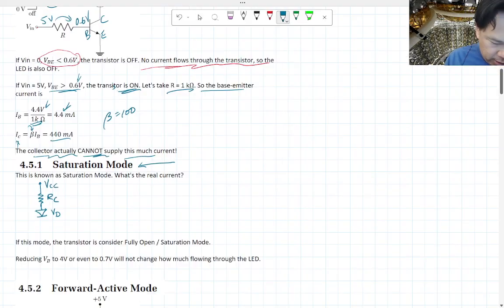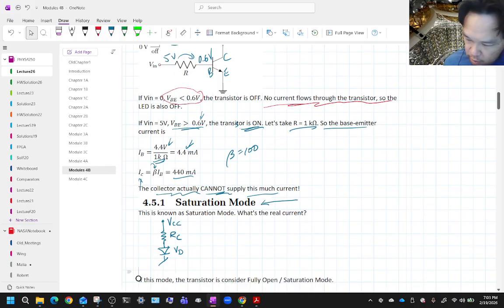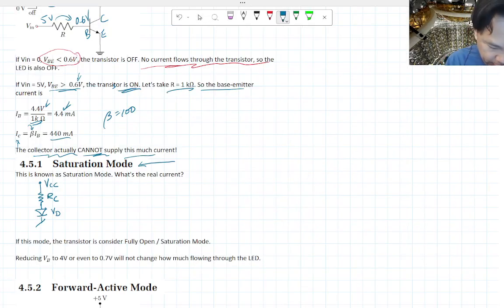Then this goes into the transistor, through here, and to ground.